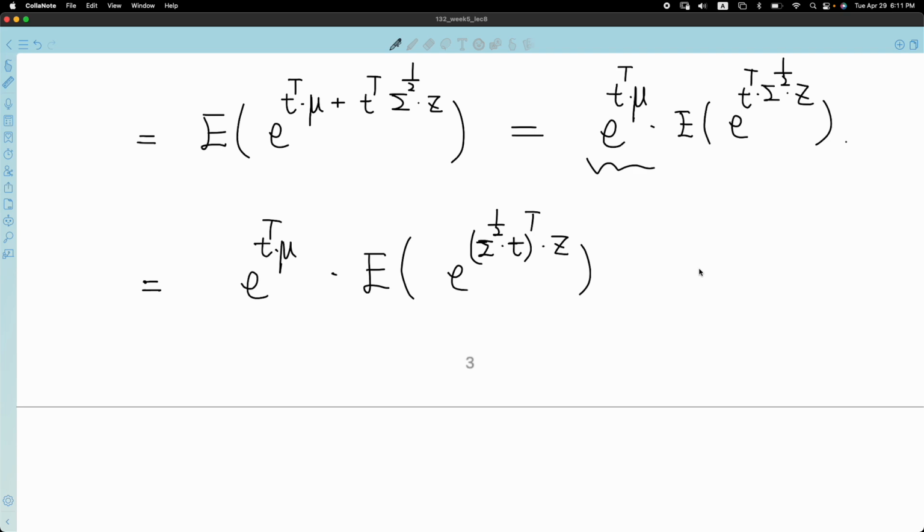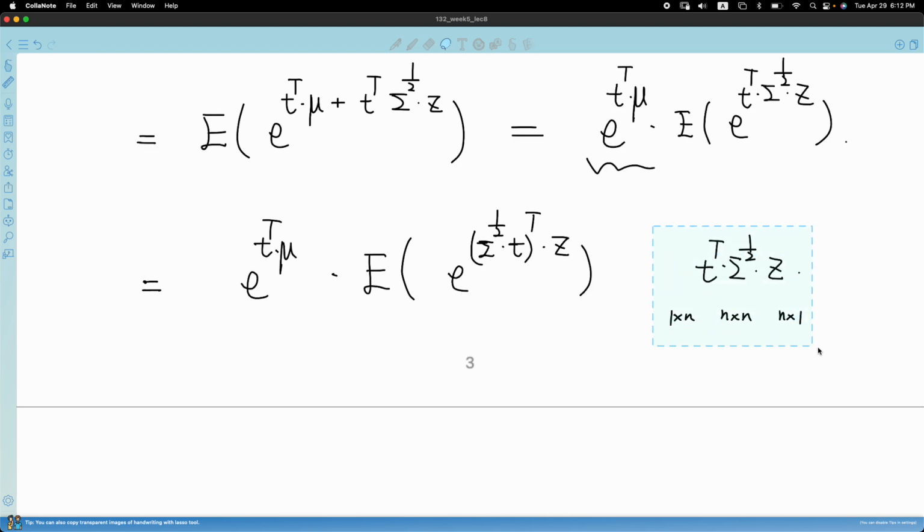What I'm doing here is that you have t transpose sigma 1/2 and then z. After transpose, this is 1 by n, n by n, n by 1, so you should get a scalar.